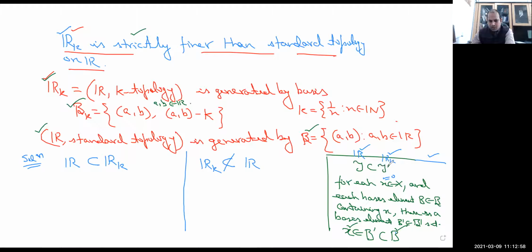So to compare that T dash is finer than T, we need to show that for each X belonging to the topological space, and for all basis members containing X from the basis which is going to generate this topology T. So I need to show that for every X belonging to R, because here the space is R basically, and for each basis from which topology?